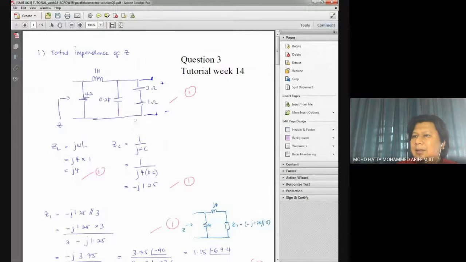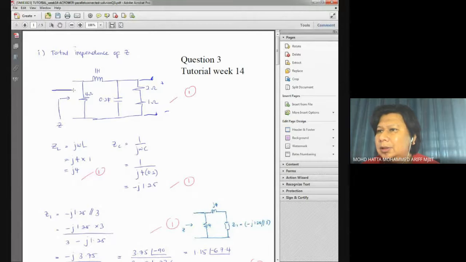The impedance Z that we try to calculate is with respect to, or looking from, the source, so it's over here on this drawing. As usual, if you see that the components are still in their original values, please convert them into reactance values.